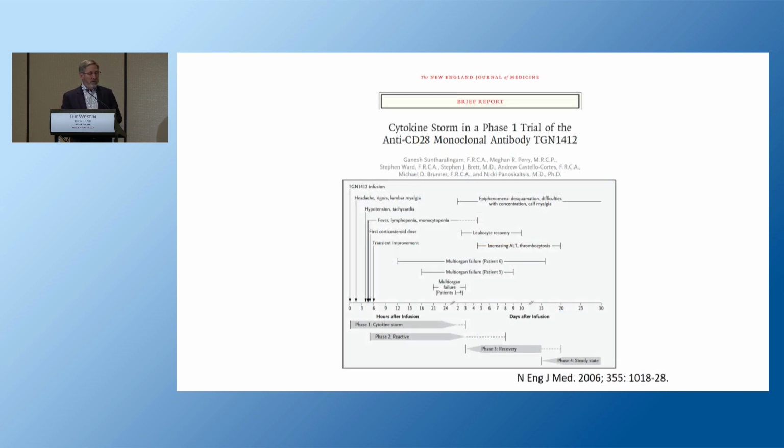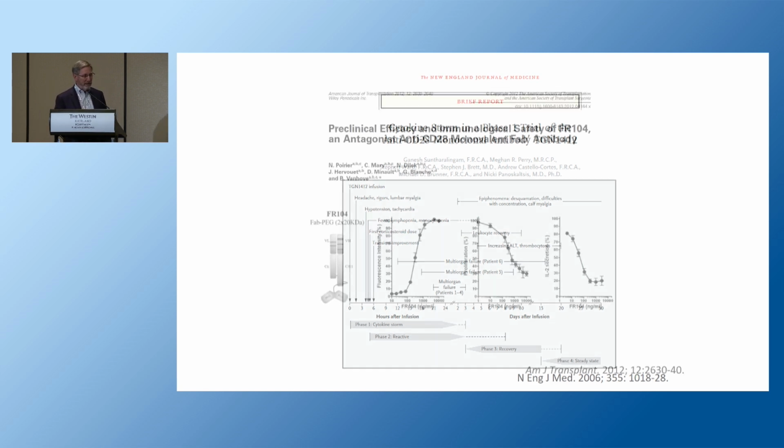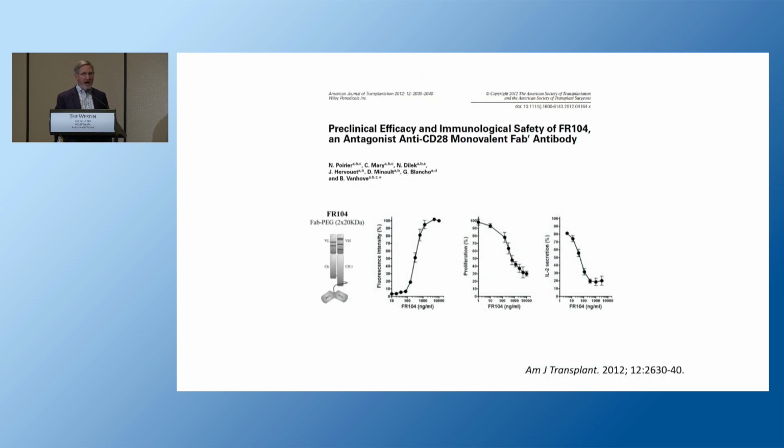So now talking about blocking the other side of belatacept, CD28, there was an attempt at this about 20 years ago, which used an agonist to CD28, which was catastrophic and led to cytokine storm and serious illness in patients that got this. So a lot of work had to be done to look at non-agonist CD28 ligands to go into the clinic.